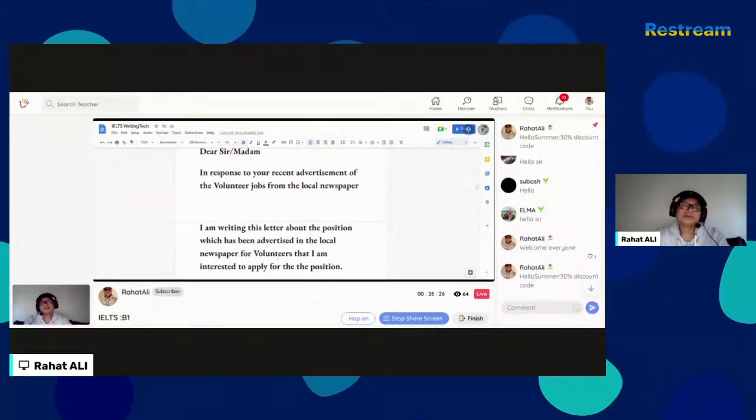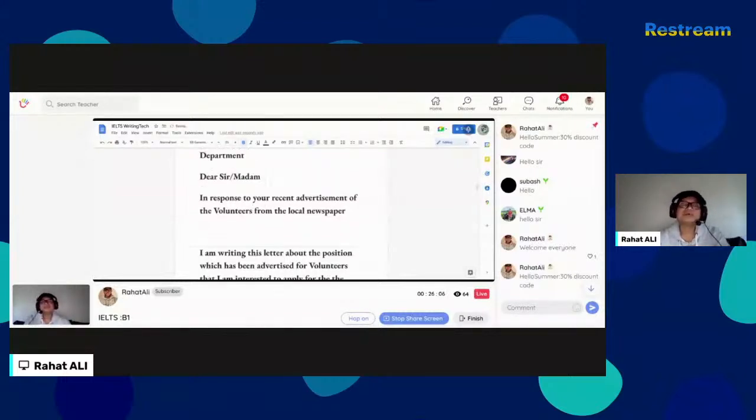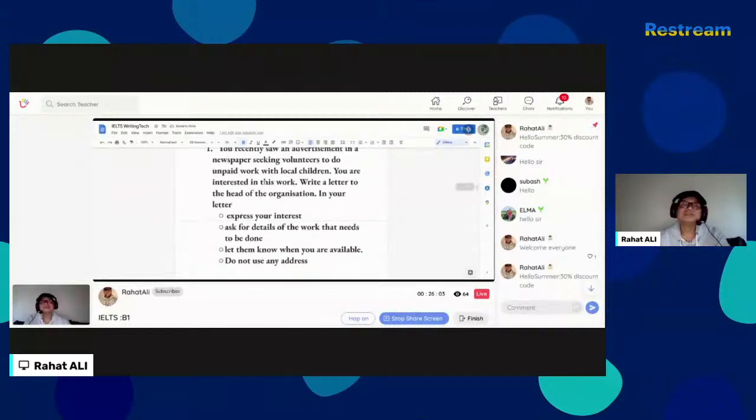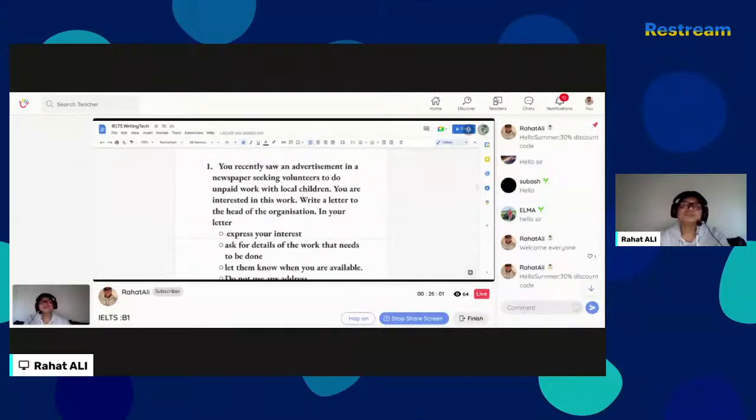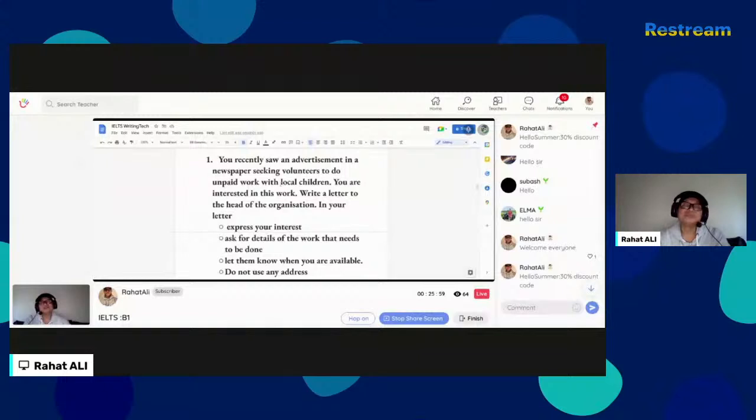So let's move on, this local newspaper again. You can say volunteers because in the main letter it says seeking volunteers to do unpaid work. Remember, highlight unpaid, volunteer, local children.